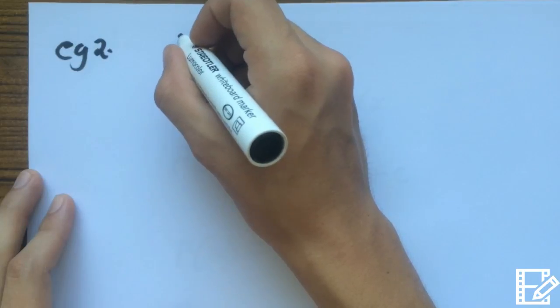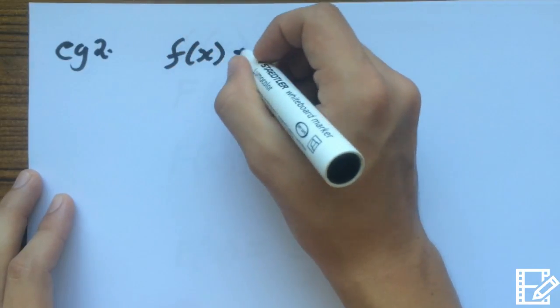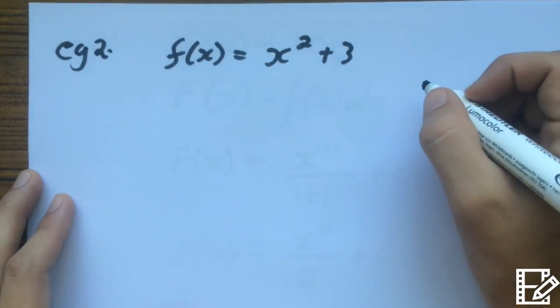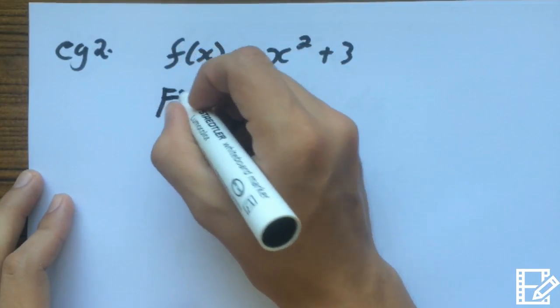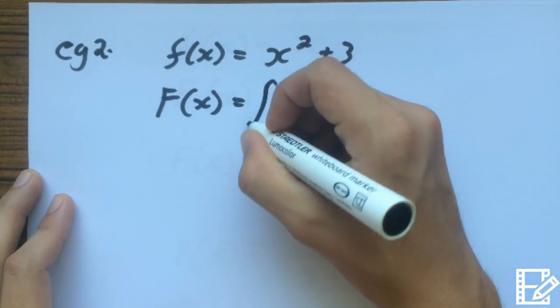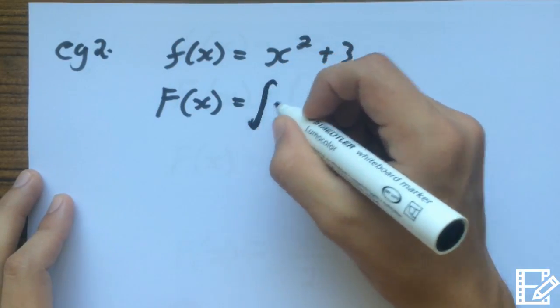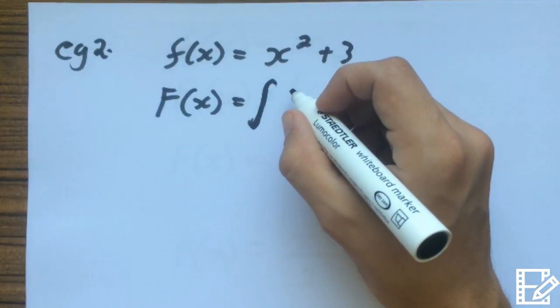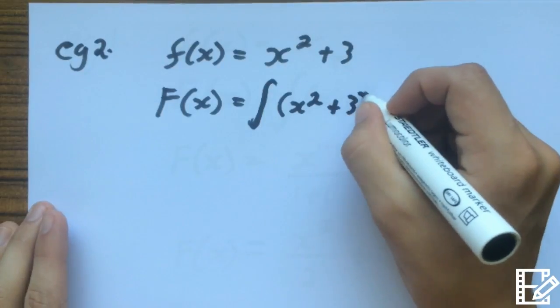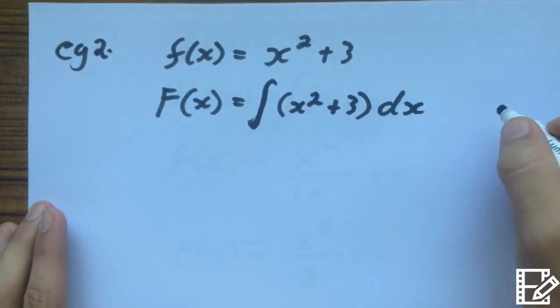Say we have a function f(x) equals x squared plus 3. The integral, capital F, equals a funny looking s, bracket, we insert the function, and put dx on the end.